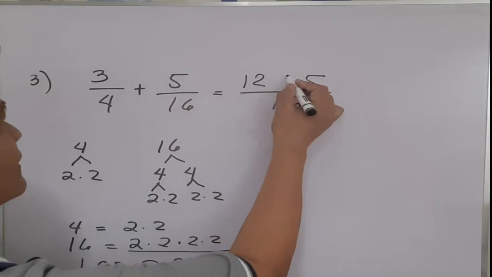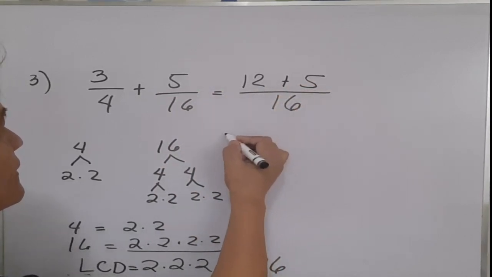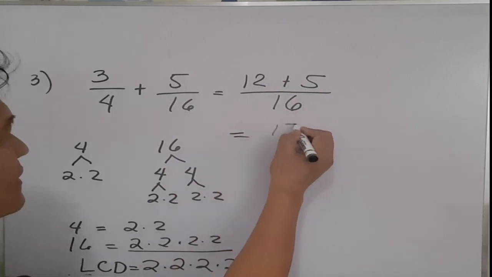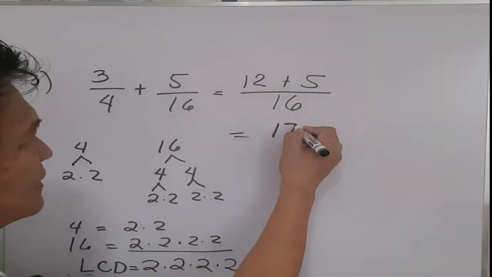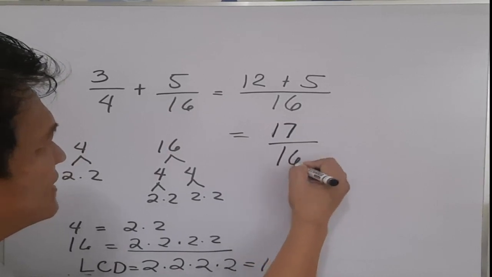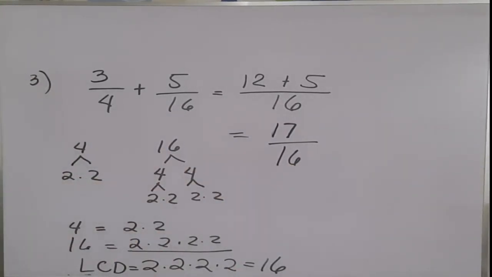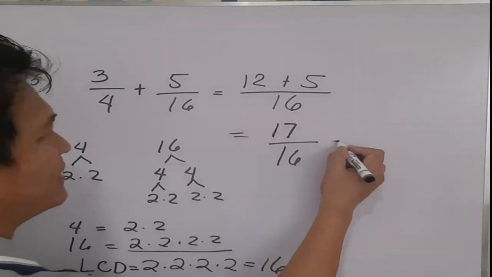And then, plus. So, 12 plus 5 is 17/16. Is this the simplest form? Hindi. So, kailangan nating simplify.